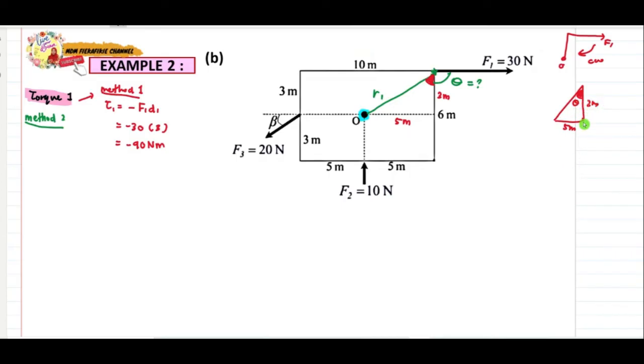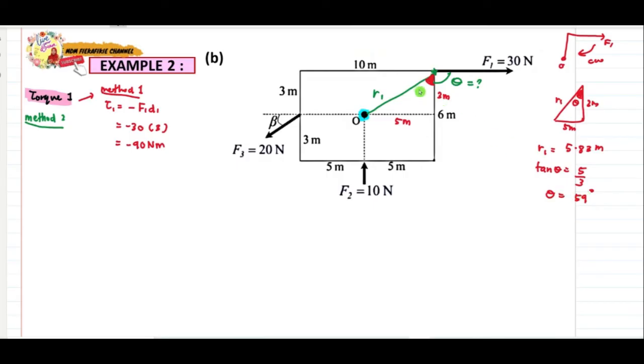We can find R1 as well, where R1 is the hypotenuse. So you try to calculate it. You will get 5.83 meter. And for theta, I will use tangent theta is equal to 5/3. So theta is equal to 59 degree.